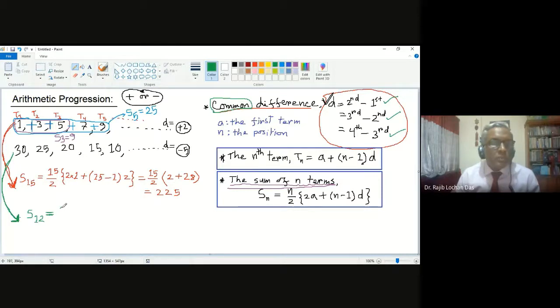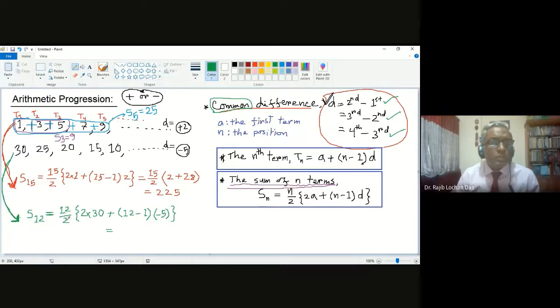So the formula is 12 by 2 and then bracket, 2 into a, now you put 30 because we are taking the second sequence. So 2a plus 12 minus 1 into d. D will be minus 5. And then close the bracket.